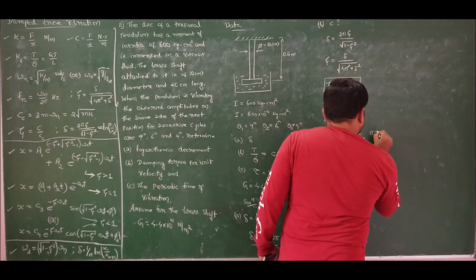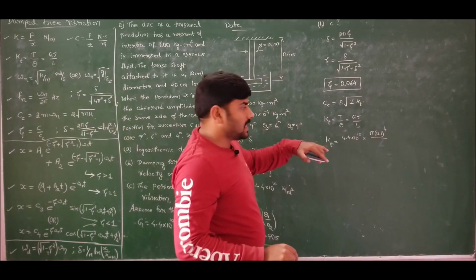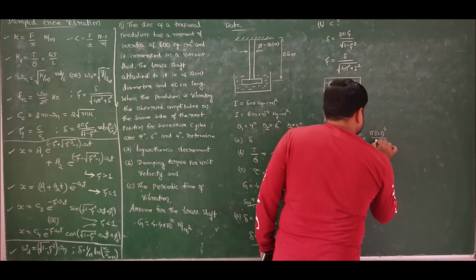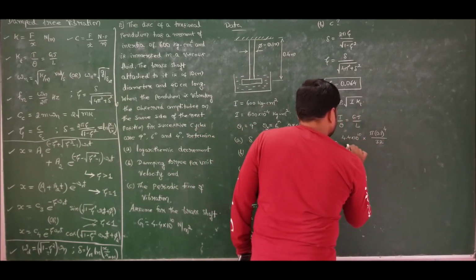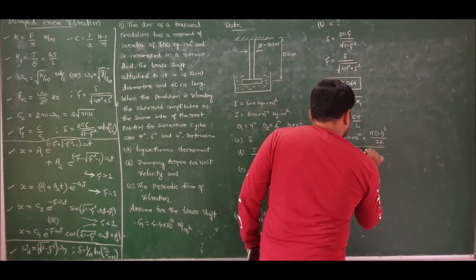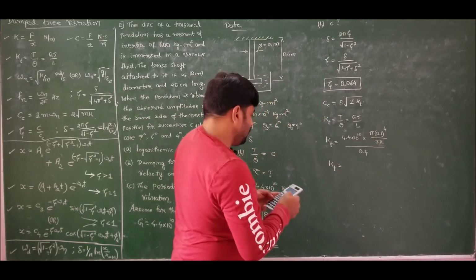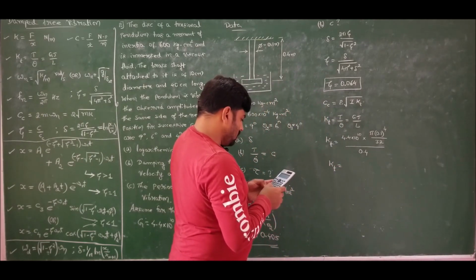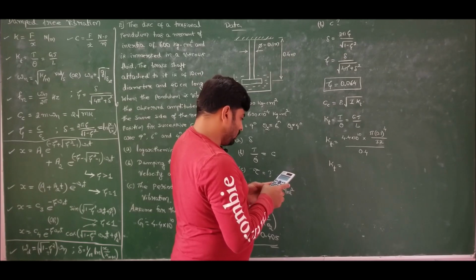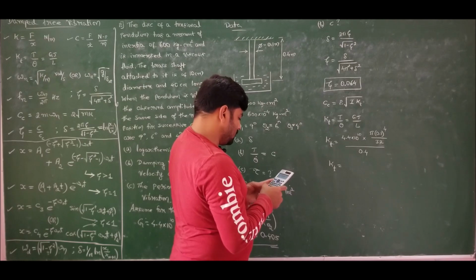Diameter is 0.1 for circle, that is polar modulus of a circle is pi d power 4 by 32, whole divided by length. How much is length of the shaft? 0.4. Hence kt will be 4.4 into 10 to the power of 10 into pi into 0.1 to the power of 4 divided by 32 times 0.4.